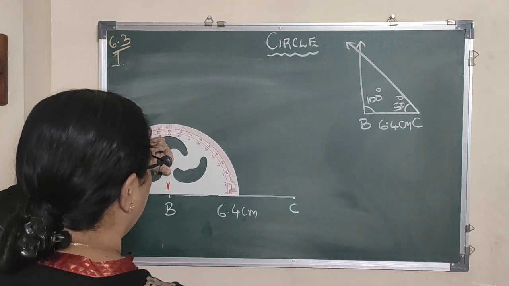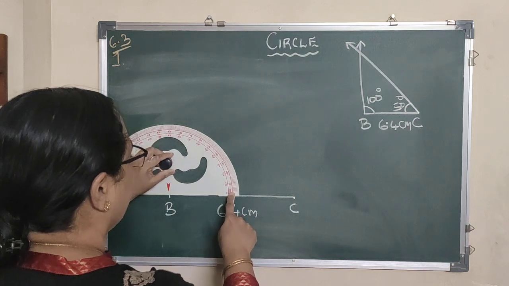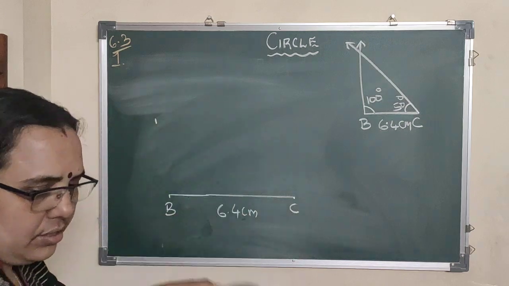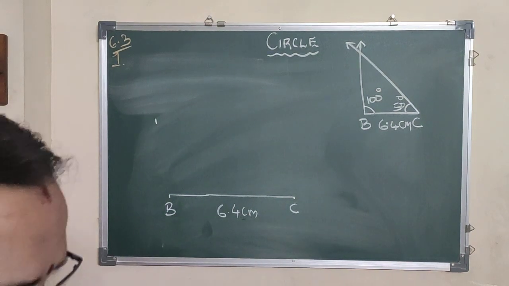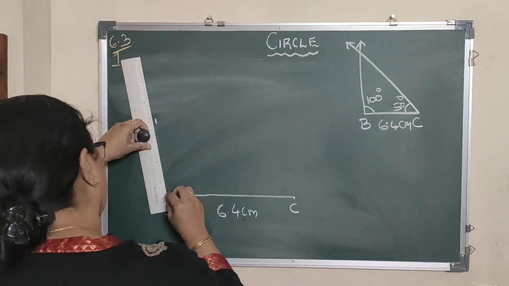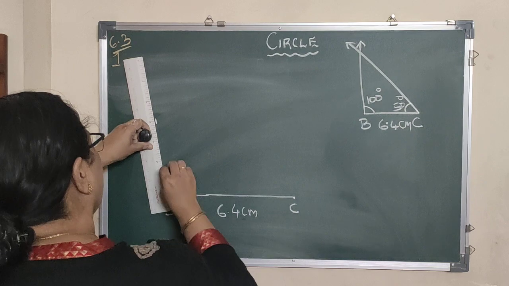So this is point B. At this point we draw 100, 0, like that. We go here, this is where 100 is. Let us join this. I'm sure you are doing along with me.